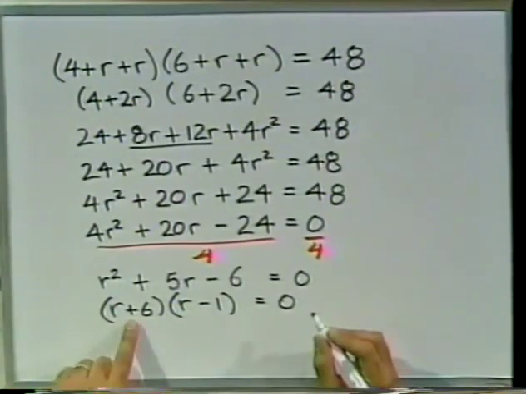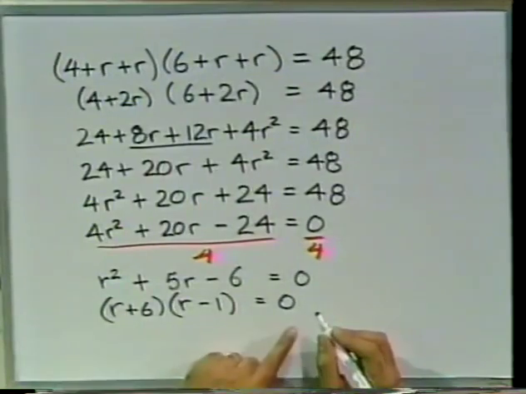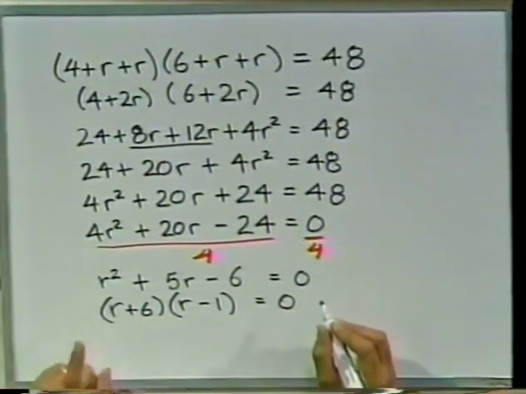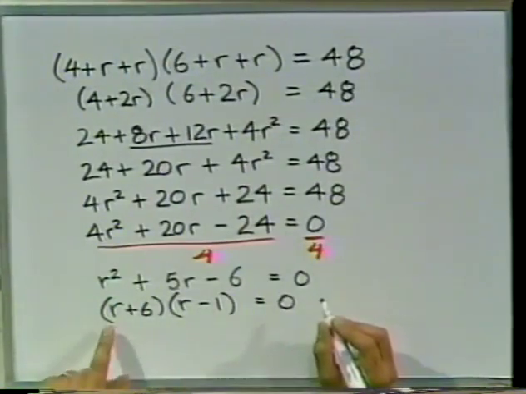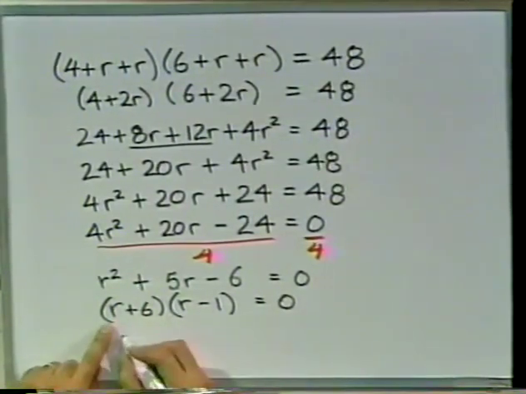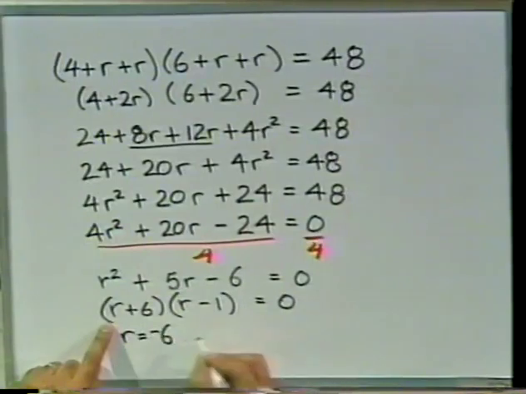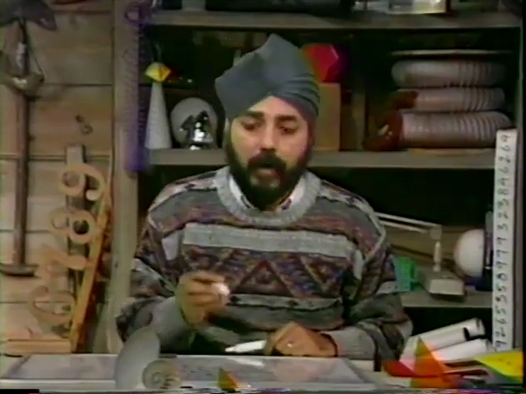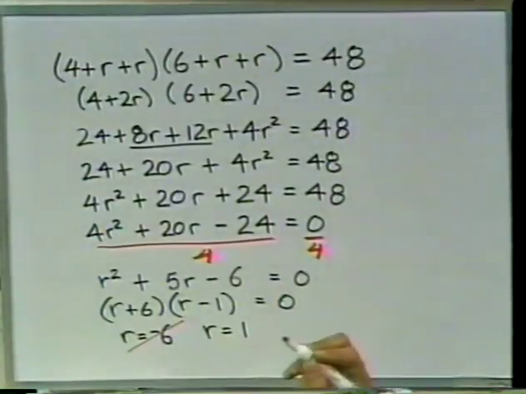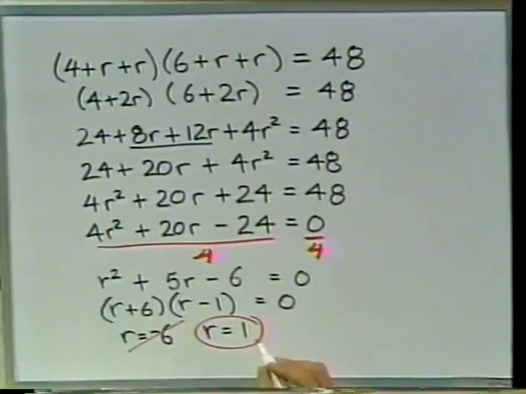Now I have two binomials whose product is equal to 0, which means that one or the other of the binomials must equal 0. Therefore, here r must equal -6, and in this case, r must equal 1. Since we can't have a negative value for r in our problem, then r must be 1.